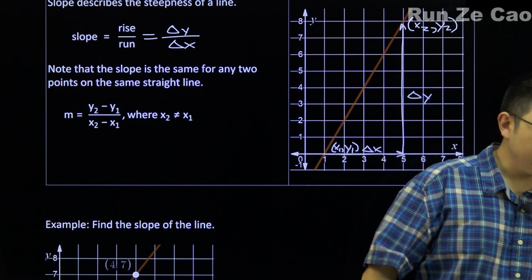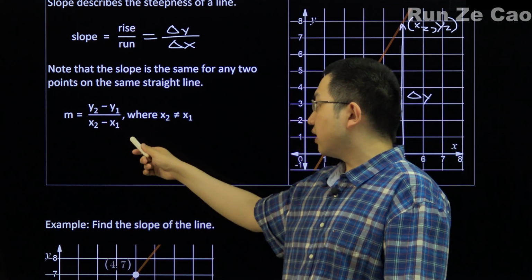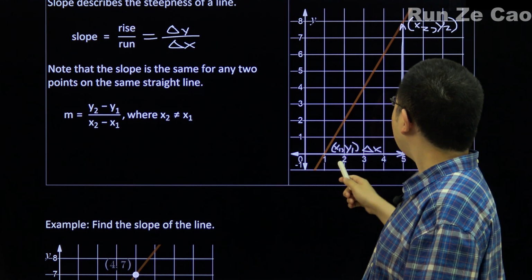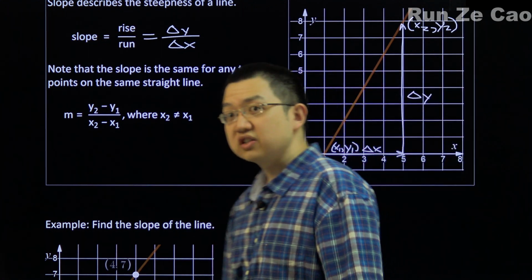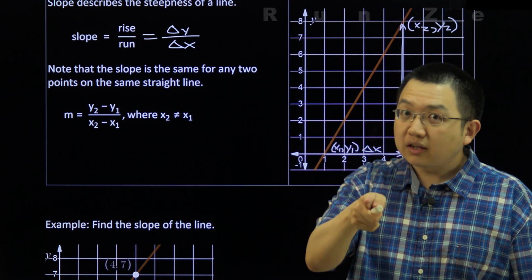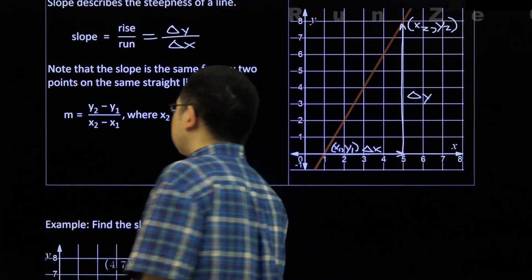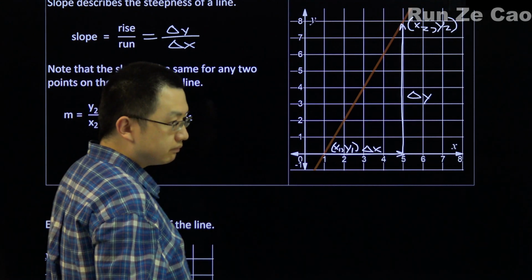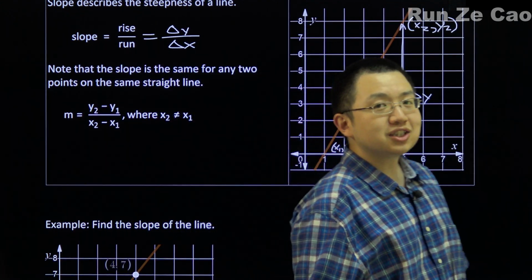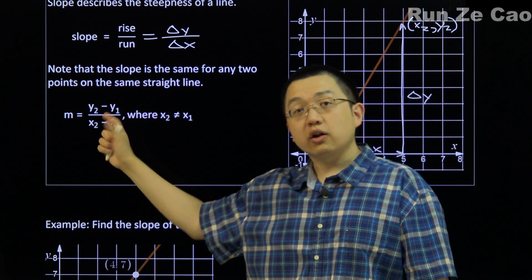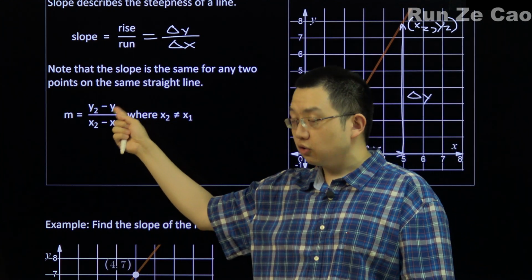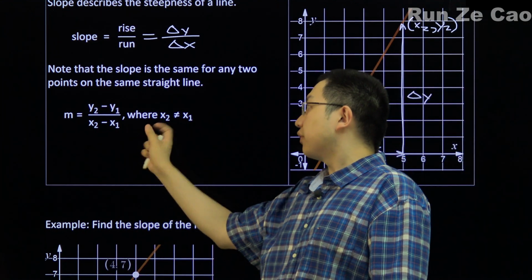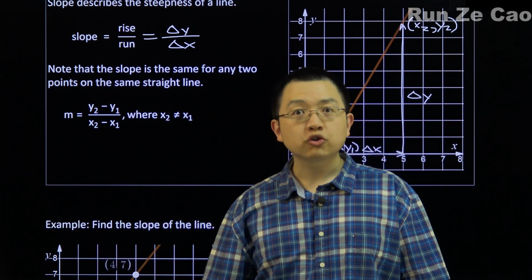So the difference in y and the difference in x, which point you label x1, y1 or x2, y2 doesn't actually matter. But you must make sure that the 2's come first before the 1's. You can actually do it just fine going the other way. It's just both the numerator and the denominator would become the additive inverse, so the negative of what they were supposed to be.